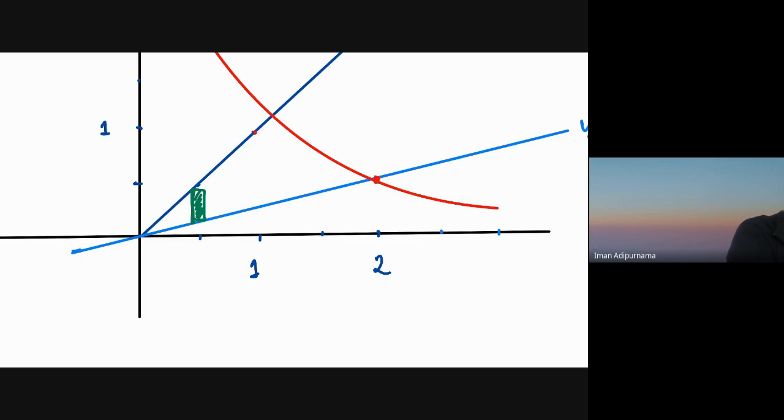Let's try with x first. For dx, the area is cut into two areas like this, so we have A1 and A2.